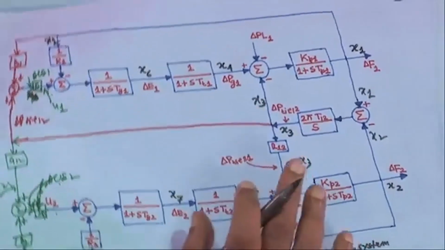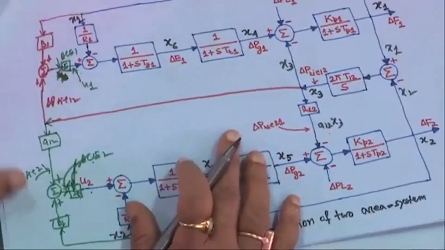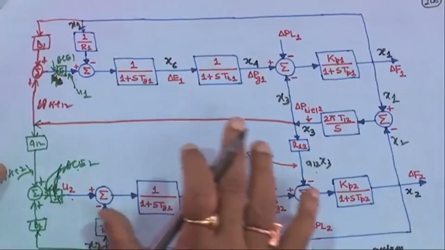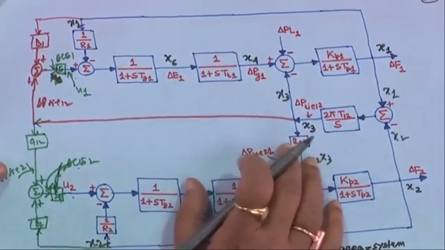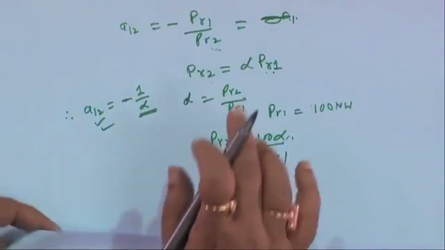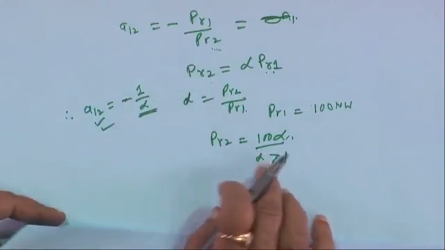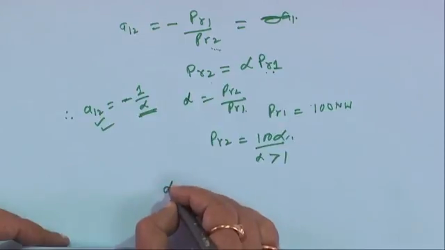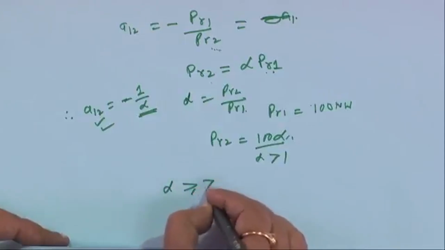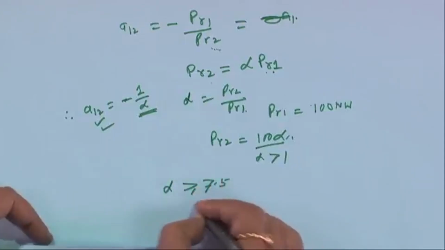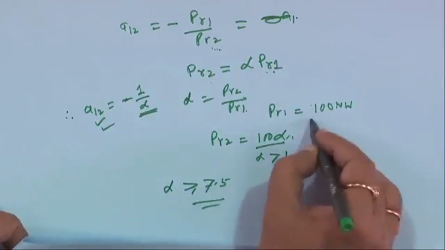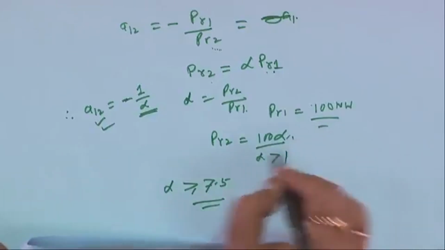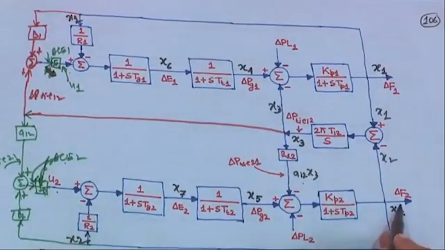I cannot tell directly for a composite system or other cases, but I have some idea that if alpha is greater than or equal to 7.5 for this system, that means if it is 100 megawatt, it is at least 7.5 times 100 megawatt, then you will find the frequency deviation is almost negligible.